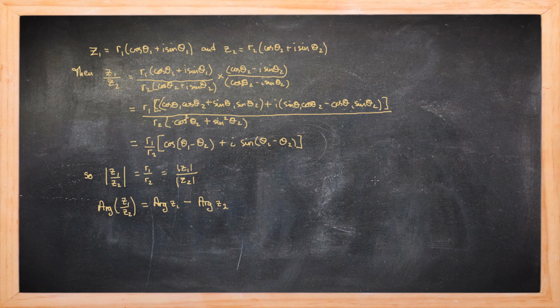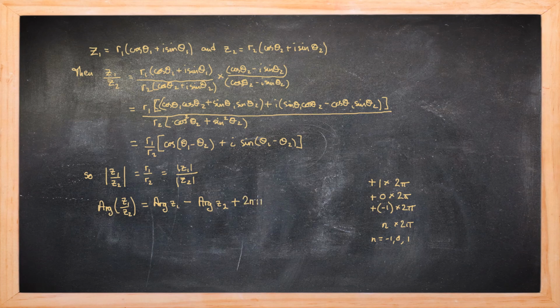Now, as we saw when we were multiplying these, we sometimes have to adjust by adding 2 pi, or not adjust, or subtract 2 pi. So we have to add a multiple of 2 pi, n times 2 pi, where n is either negative 1, 0 or 1.